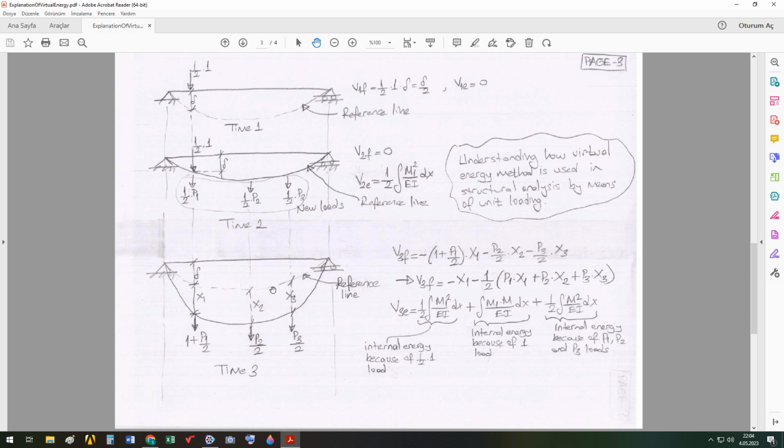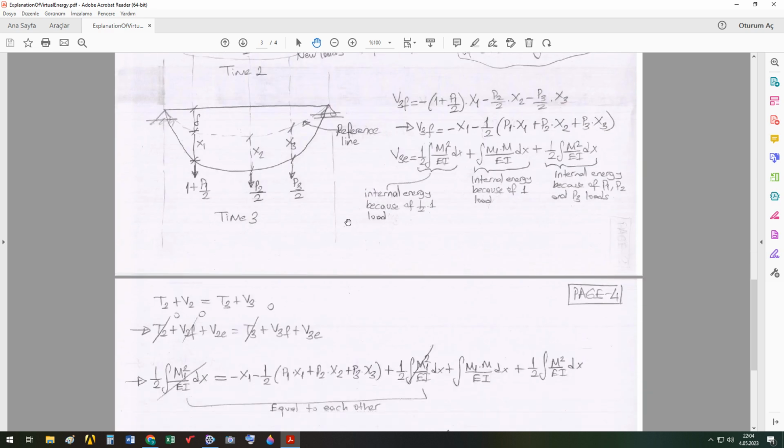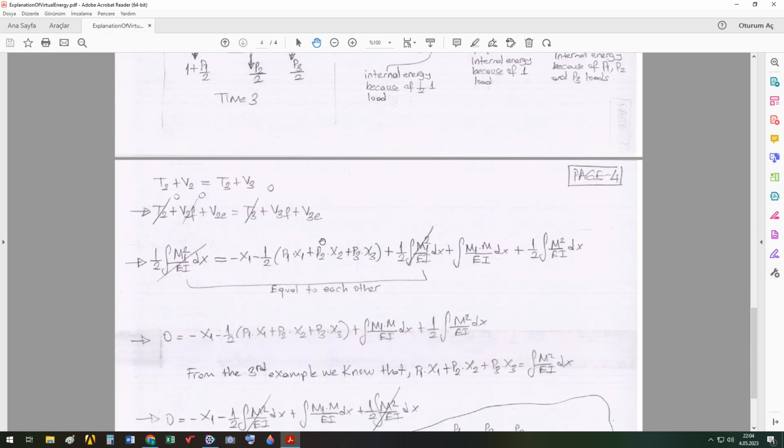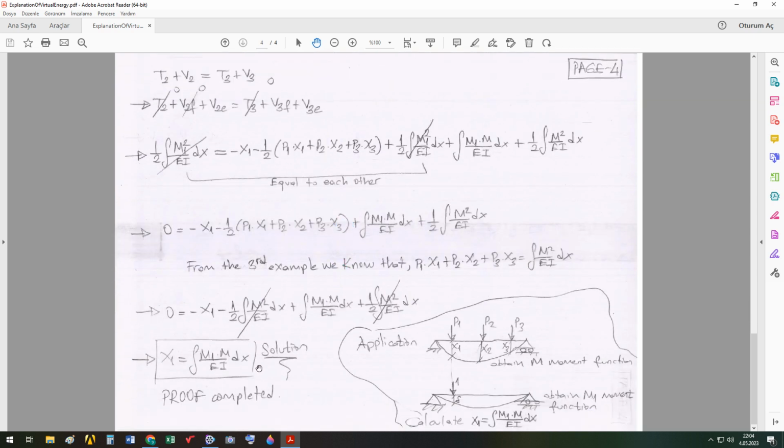He invented these 3 phases and writing this equation between second and third time, and then calculated this value.